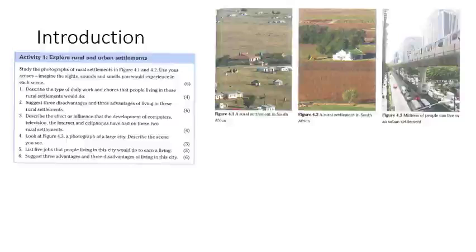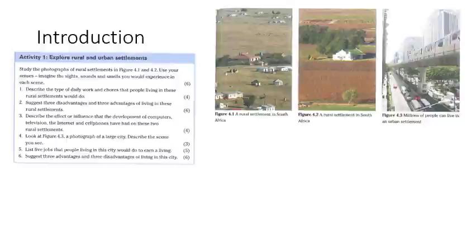On this page, you've been given 3 figures and an activity. Figure 1 and figure 2 represent our rural settlements in South Africa, and figure 3 represents an urban settlement. So, what do you think the people are doing in those areas?